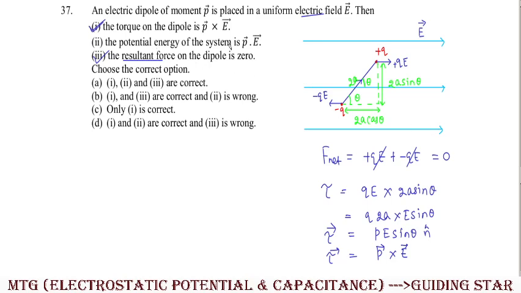Next, potential energy of the system. What is the potential energy of the system? Assume that the dipole is present in the same uniform electric field. Then how is energy stored in a dipole in terms of potential energy, or how do you get the potential energy?